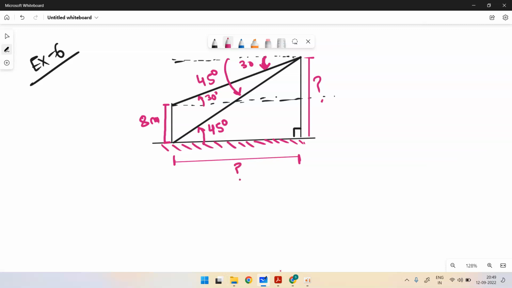I will be able to find this distance by using this 8 meters.